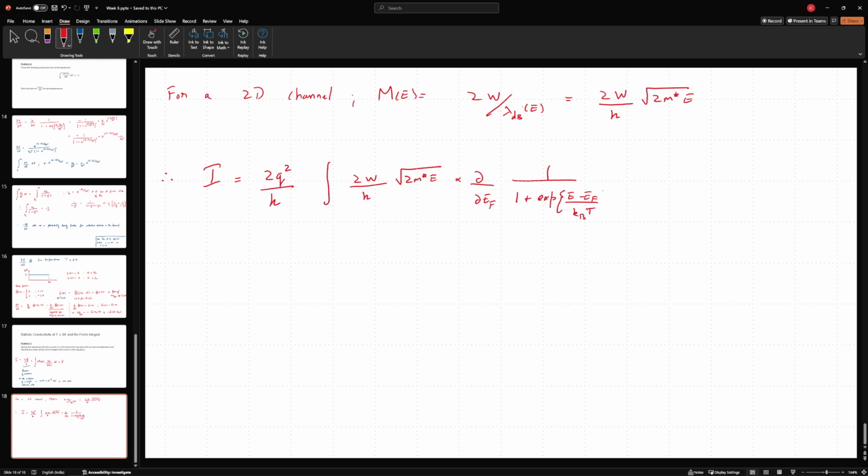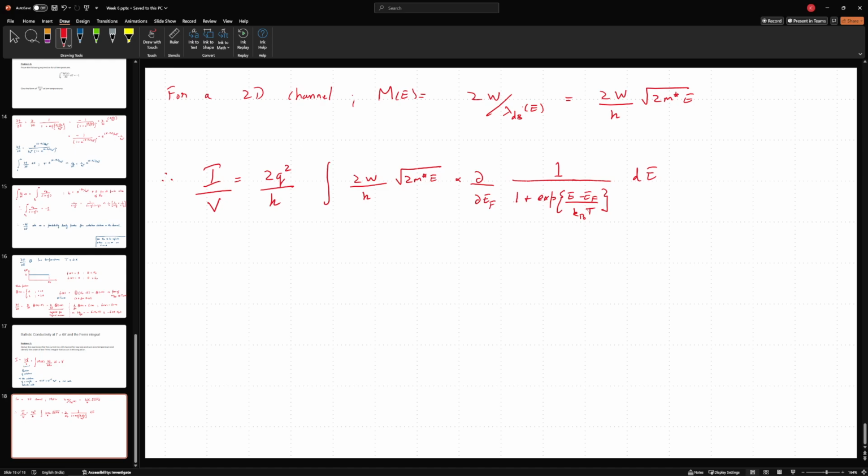So this is what we have here, dE. In fact, I can even move the voltage over from here to here, so I can write I by V is equal to this quantity.